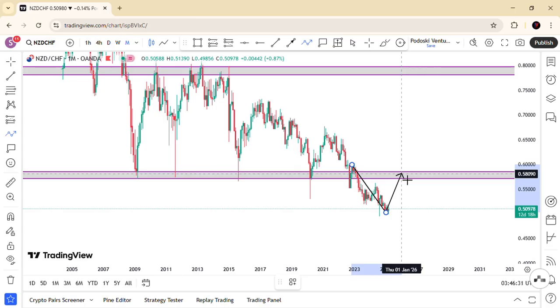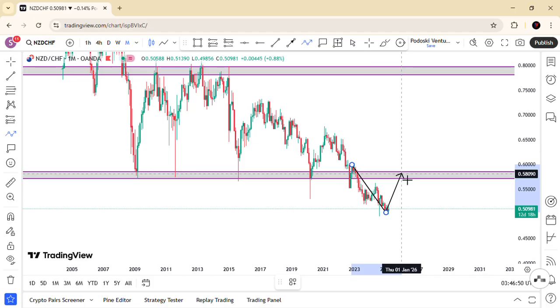But what we are also seeing is price has broken out of the monthly resistance zone. Price has broken out of the monthly demand zone.